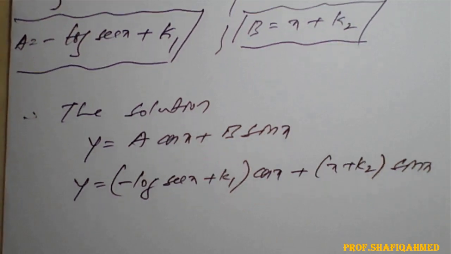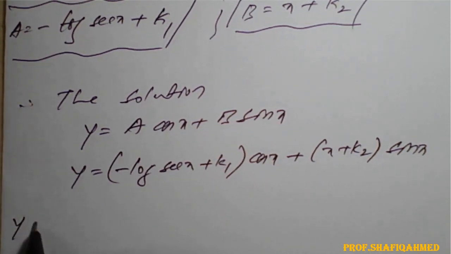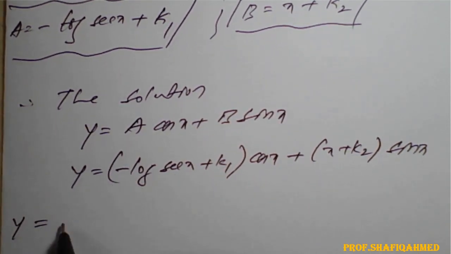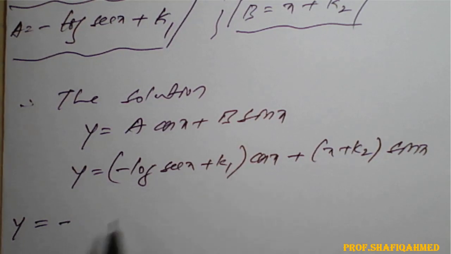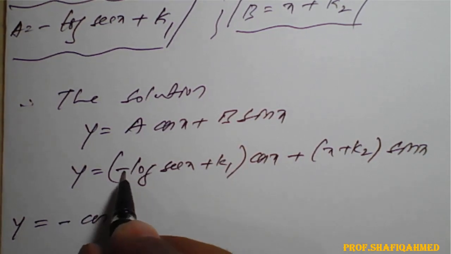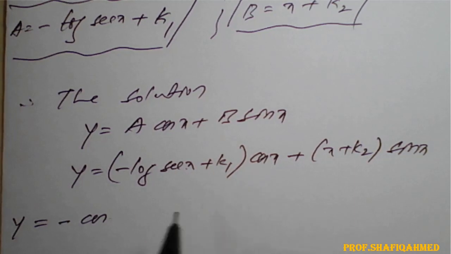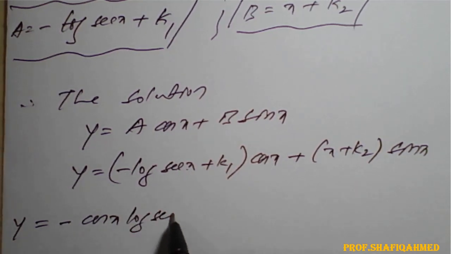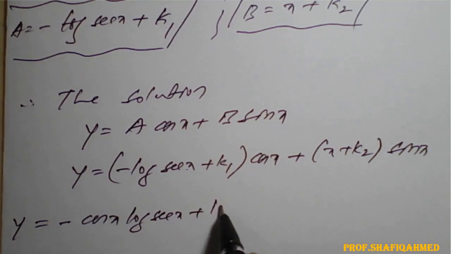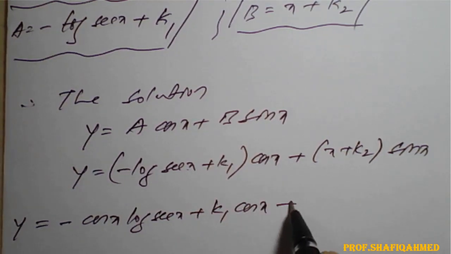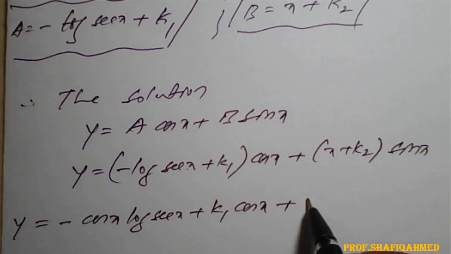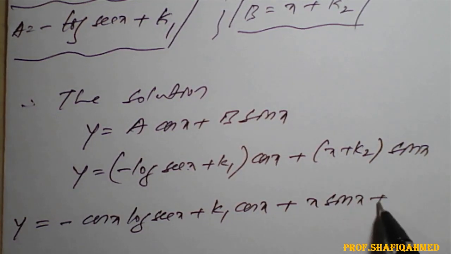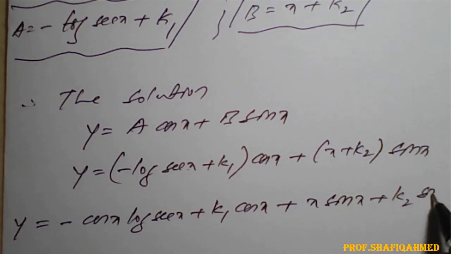Open the bracket. y is equal to minus cos x log of secant x plus k1 into cos x, plus x into sin x plus k2 into sin x.